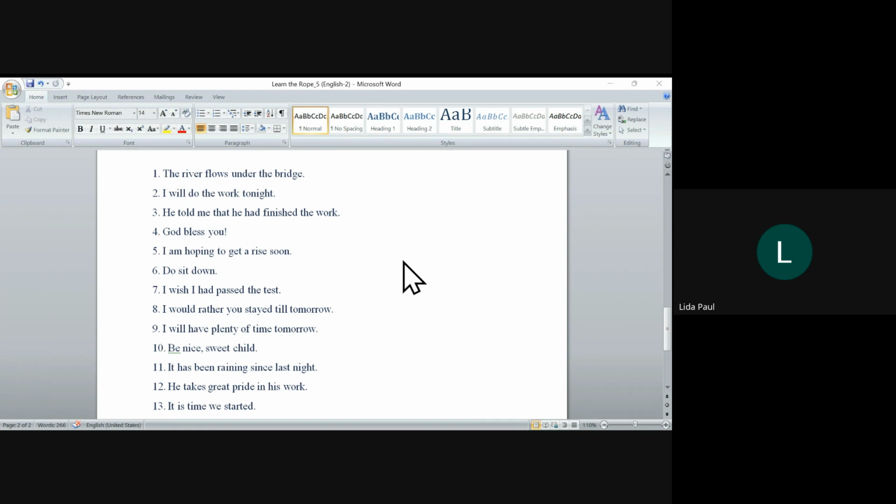God bless you. Then, I am hoping to get a raise soon. Subjunctive. Why is it subjunctive? Because he's hoping for something, wishing for something. Hope is different from wishing, right?